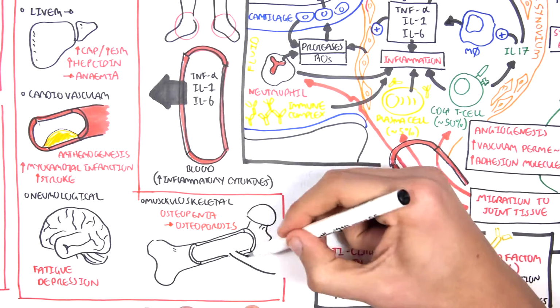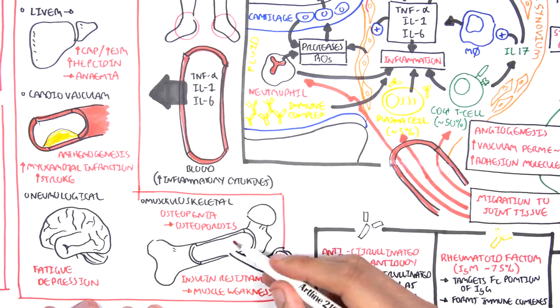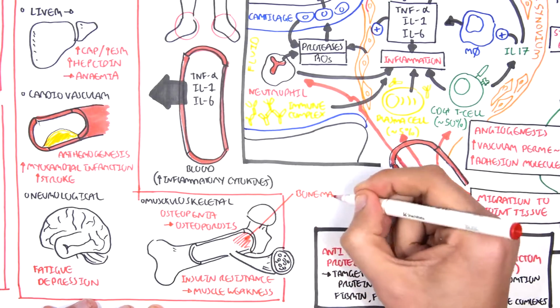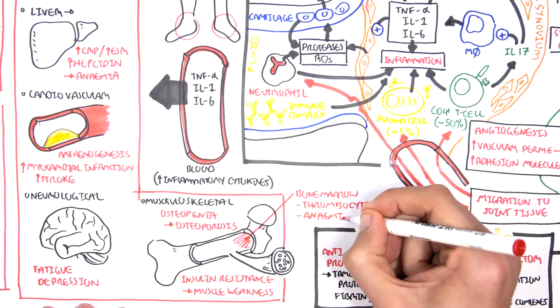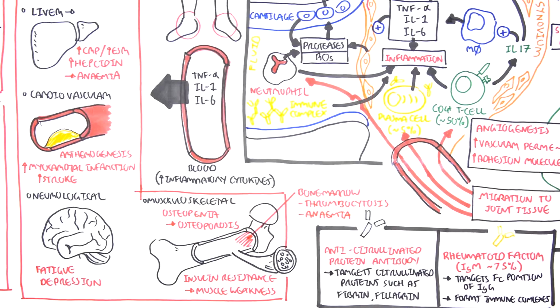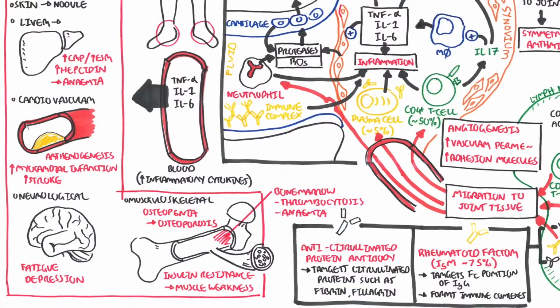In the muscles, the inflammation can lead to insulin resistance, which can result in muscle weakness. And also bone marrow involvement. We can have thrombocytosis, which is a lot of platelets, which can contribute to plaque formation and thrombus formation, as well as anemia. So I hope that made sense, and I hope you enjoyed this video.